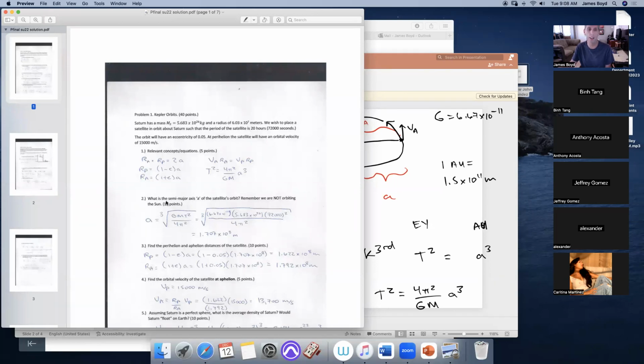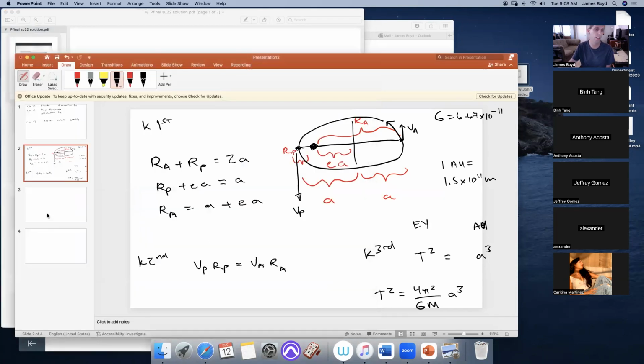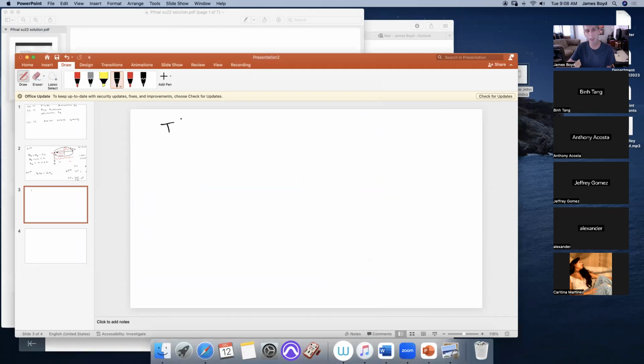So our first step here is we know the period, we want to find A. T is related to A in this case. We have to use Newton's version here because we know G is 6.67 times 10 to the minus 11.